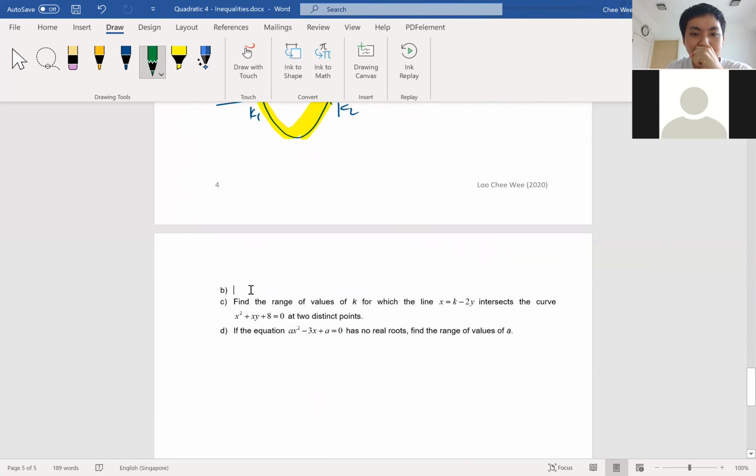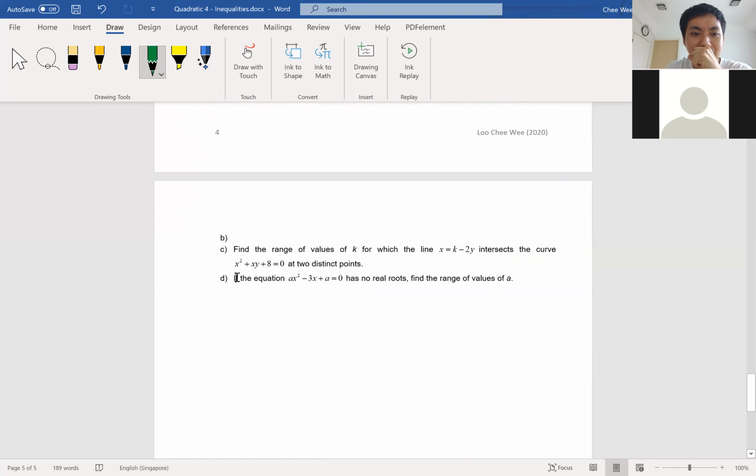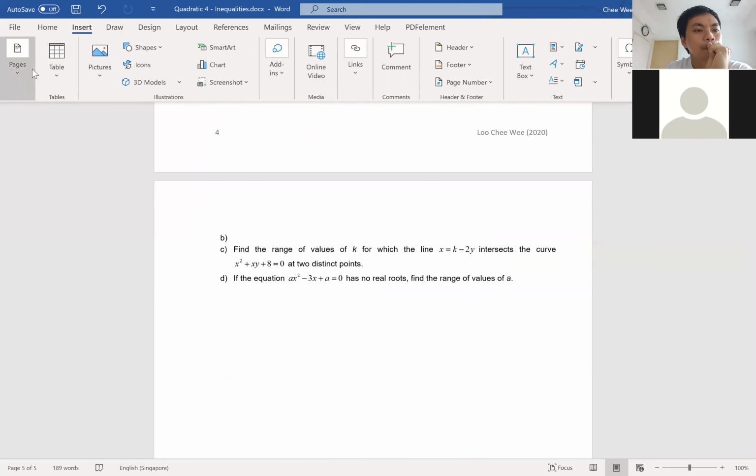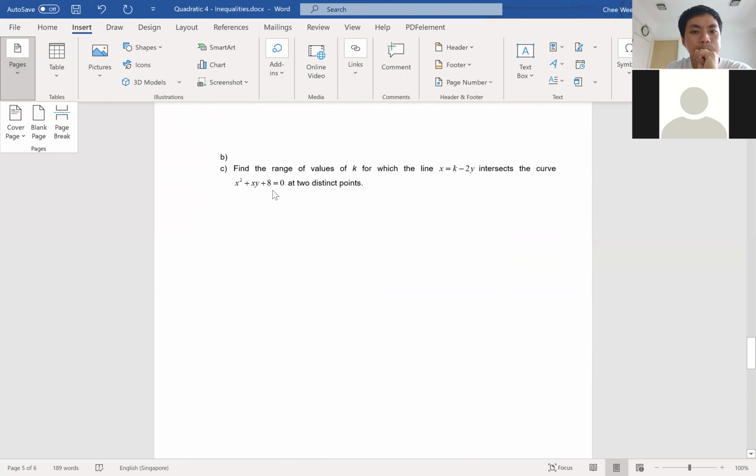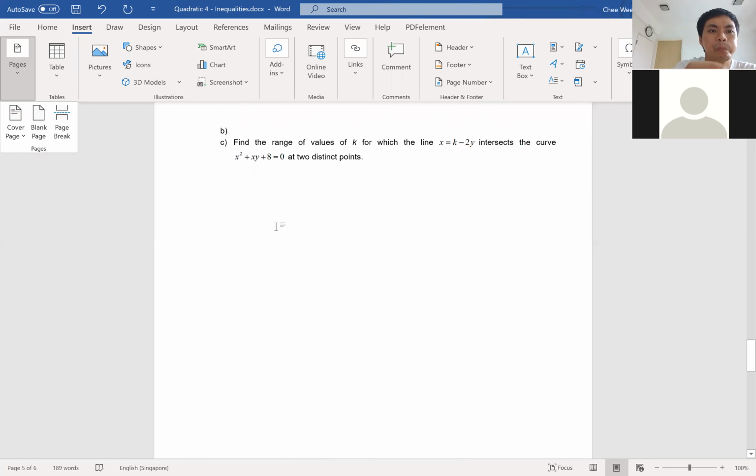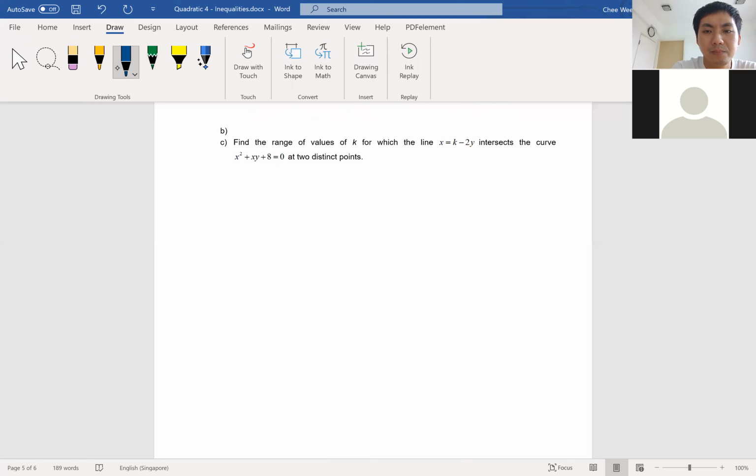Okay, so let's say if you do part C now, give it a shot. The line intersects the curve at two distinct points. That means first we can equate them, k minus x over 2 equal to the curve, we can just make it y and then equate them.